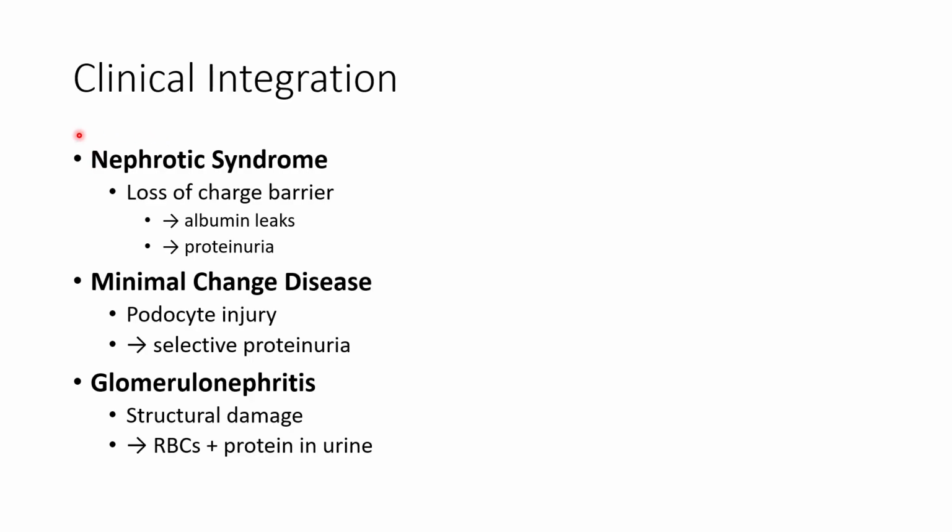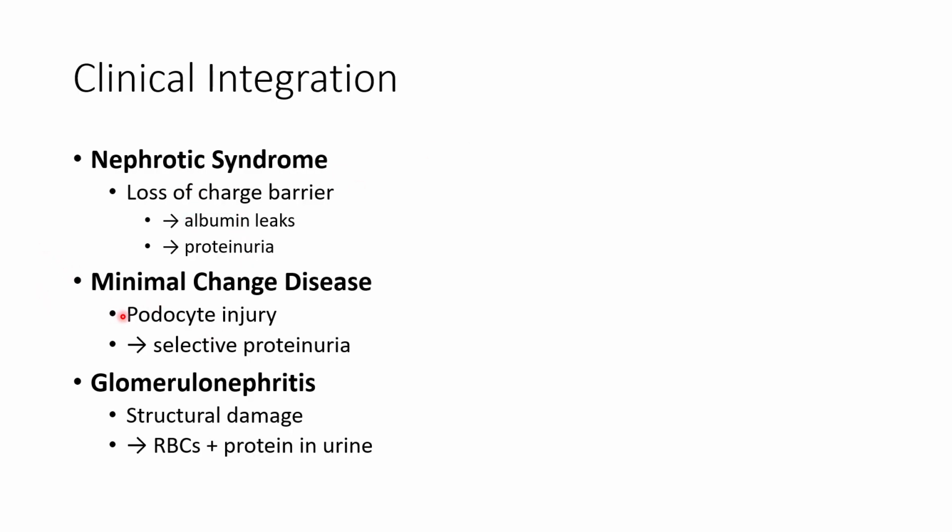In nephrotic syndrome, there is damage both at the podocyte foot process, which is called effacement of the foot process, and also loss of negative charge at the basement membrane. So it will present as albumin leak and proteinuria in the urine. Then minimal change disease is a specific type of disease. Nephrotic syndrome is a broad condition. It has many diseases, and one of them is minimal change disease.